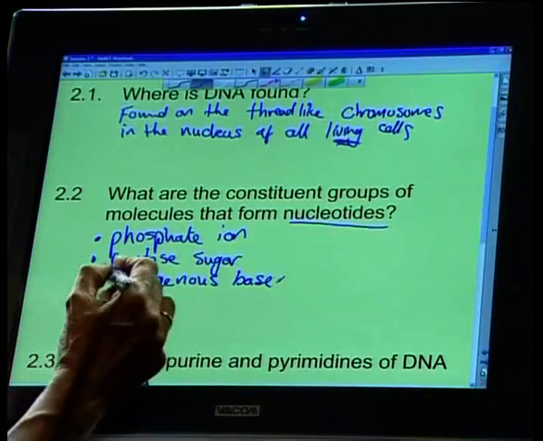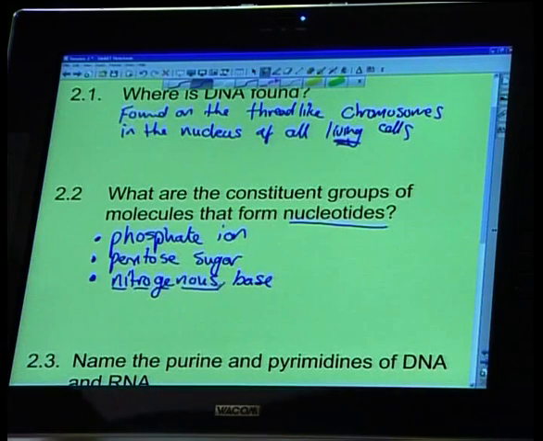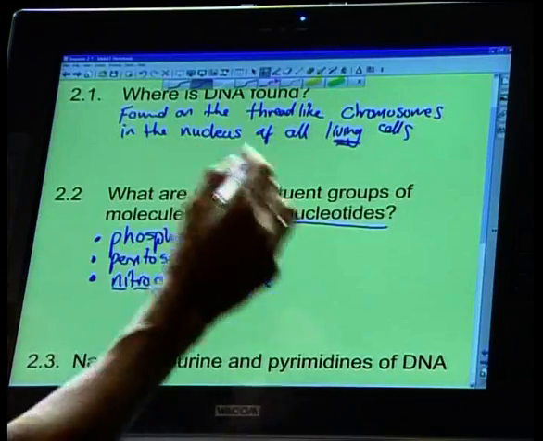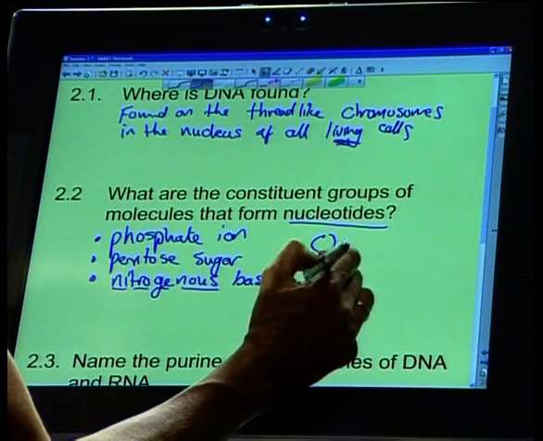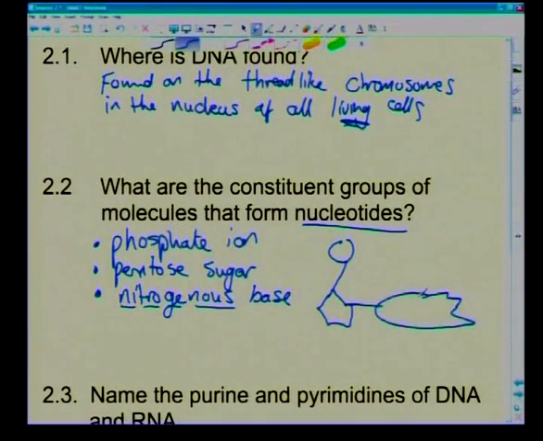So you're going to say nitrogenous. And remember the nitrogen, because it makes proteins, or it is protein-based, and genus, it's the genes. The fancy way of saying it is nitrogenous. But if you say nitrogenous, it's A1, because you will know how to spell it. And that's important too. So phosphate ion, pentose sugar, nitrogenous base.